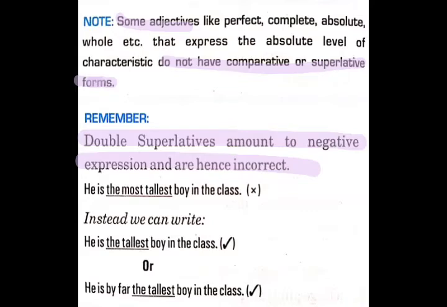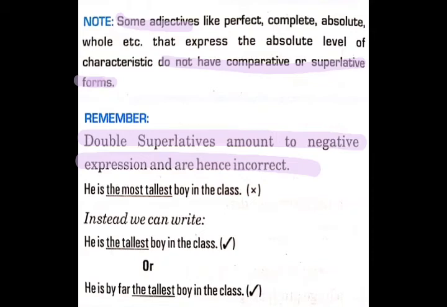Okay. Students, you must note that some adjectives do not have comparative and superlative form, like perfect, complete, absolute, whole. These are the adjectives that express the absolute level of characteristic. Okay, so they do not have comparative or superlative forms.